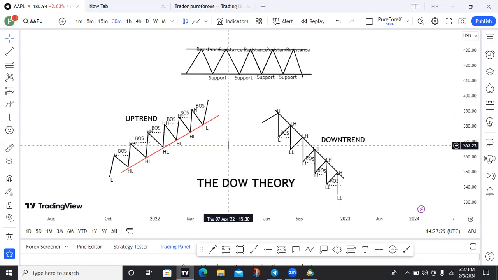The Forex market will give you an opportunity to become either a seller or a buyer. That is why whenever you open your Forex chart, your TradingView, your MT4, MT5, the question is, where is the market going? You want to know so that you can trade in that direction.